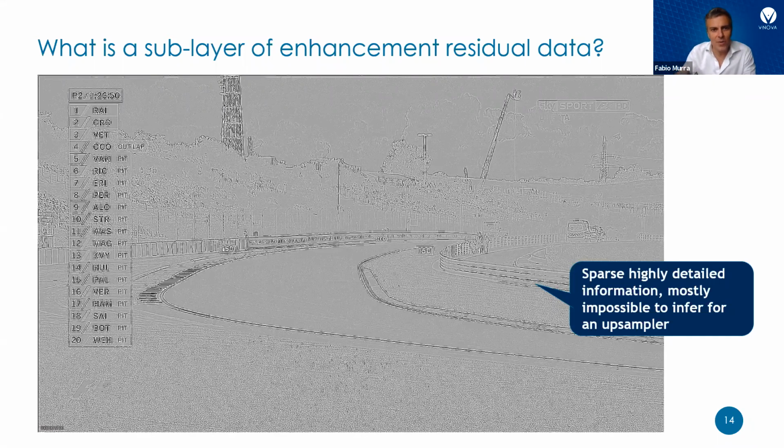But once you take away from the source that reconstructed and upscaled picture, this is the type of information that you see left. And it's sparse information, it's high detail information, it's high frequencies that are difficult to infer with an upsampler, even a super resolution upsampler. And so this information is what's coded by an LCEVC enhancement layer.